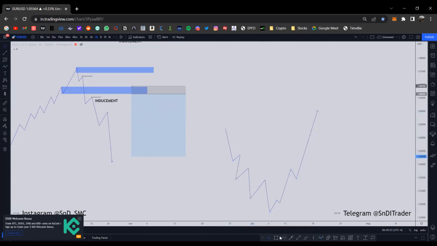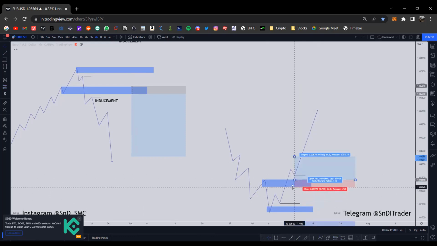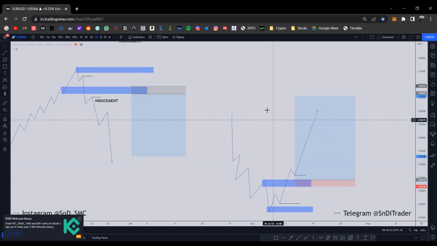You might find inducement here, just around your first point of interest, and this will be another point of interest like the breaker area. So this will be your inducement here. You can look for buys around any of those points of interest, having stop losses below the level and targeting the internal liquidity.